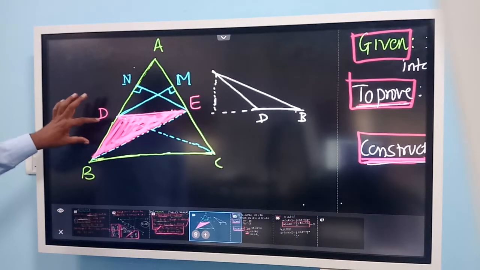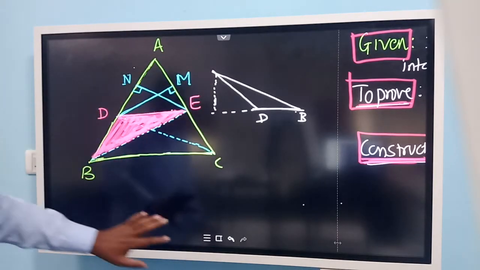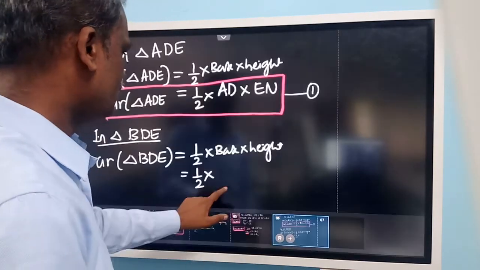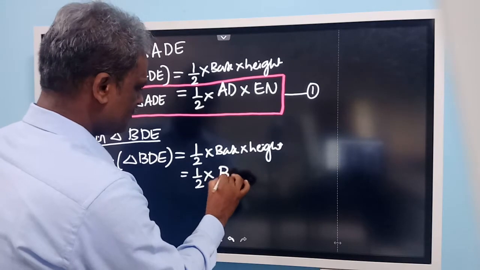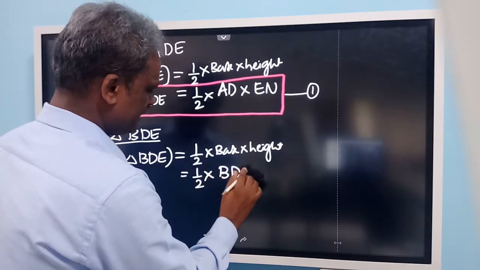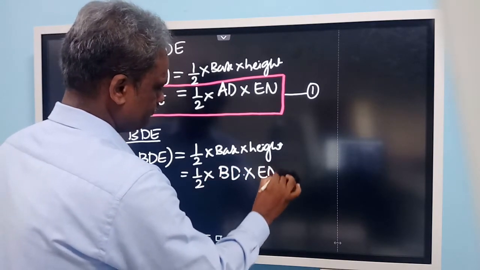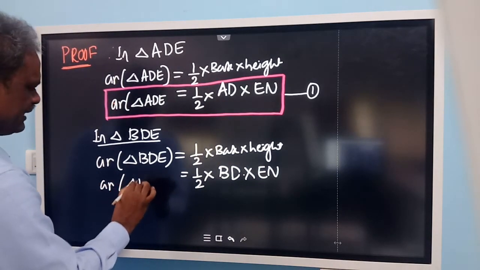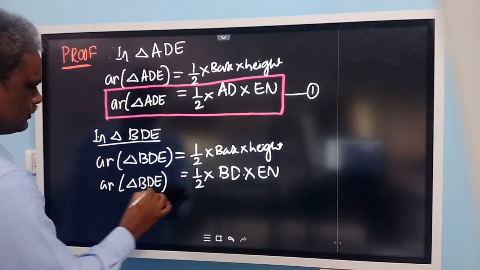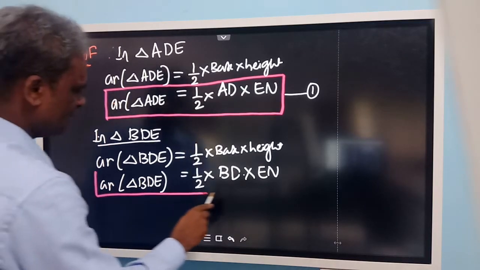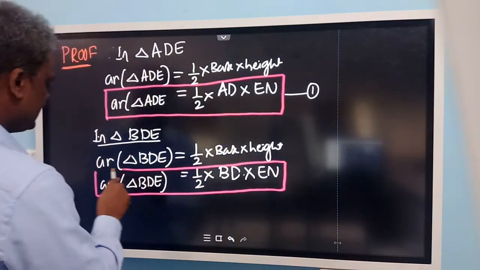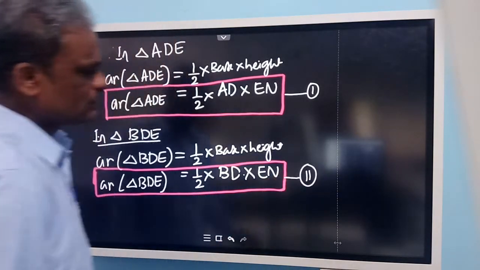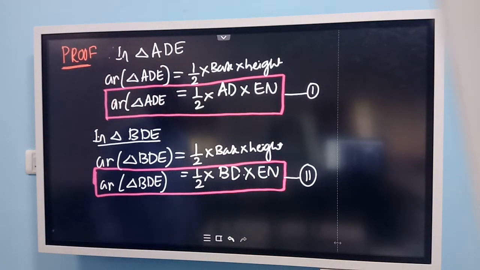So what is base here? BD, EN is altitude. So I will write here BD into EN. So this is area of triangle BDE. So this is the second one. We got another triangle, second triangle. This is area of triangle 2.